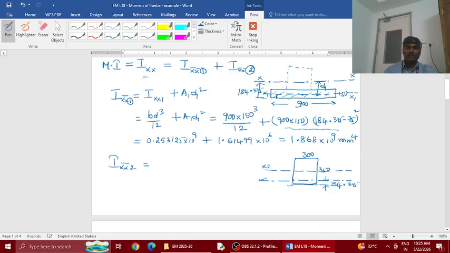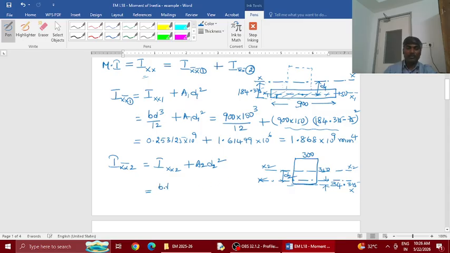So this is the x2 line. This is the overall xx line. Now this distance, what you call d2. So now the formula will be Ixx of 2, the moment of inertia of this rectangle about its own centroidal axis plus area into distance squared. So write the moment of inertia of the rectangle about its own centroid.